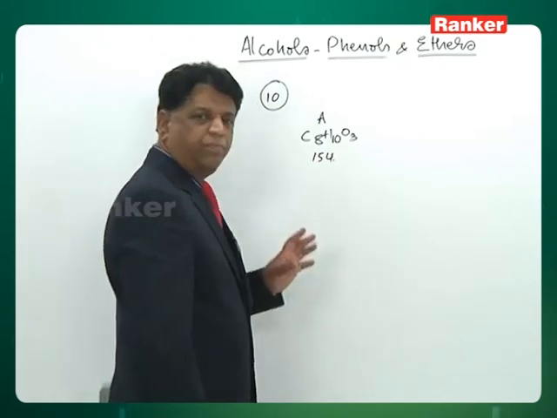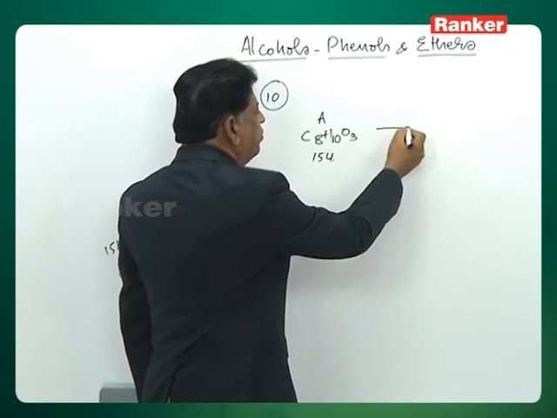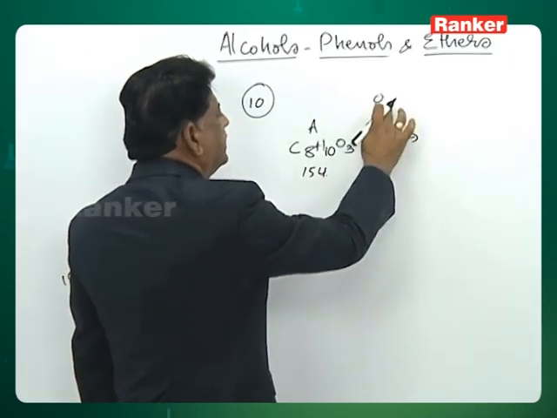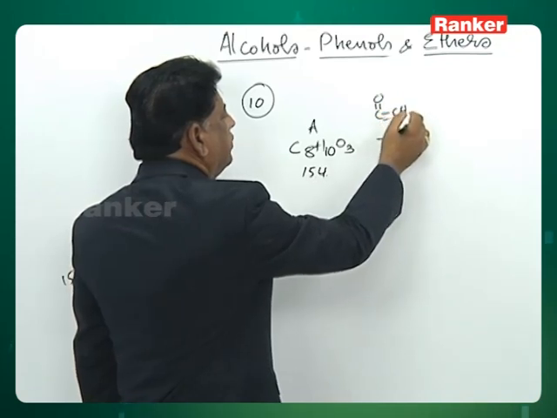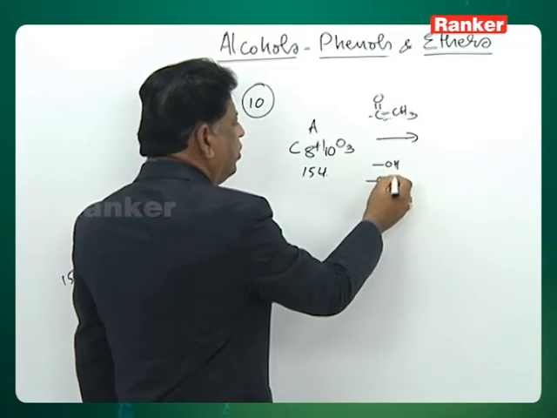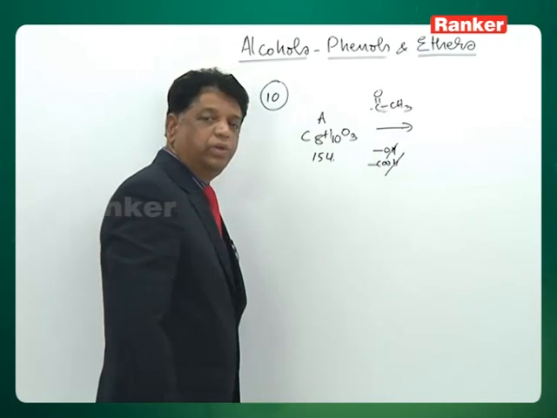Right? So this compound we have taken and acetylated. Acetylated means you are introducing a COCH3 in the place of either OH or COOH. This H will go and the COCH3 is going to come.